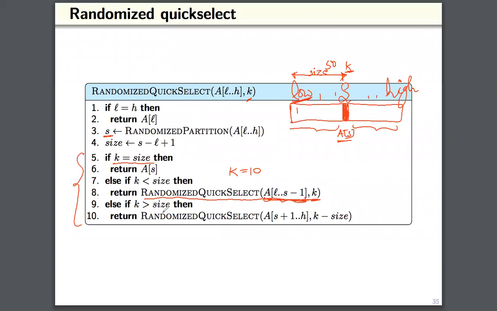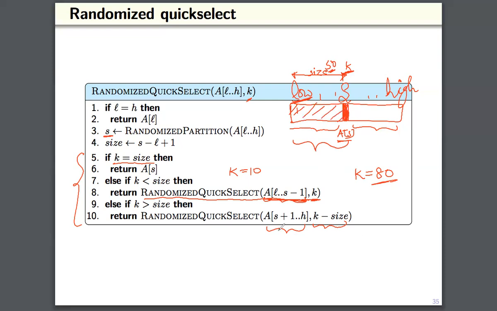If K is greater than size, then K is definitely greater than all elements in the first part. So you need to find the K minus size smallest element in the second half, right? So think about this. Suppose size is 50, K is say 80. So definitely the 80th smallest element will not occur here.